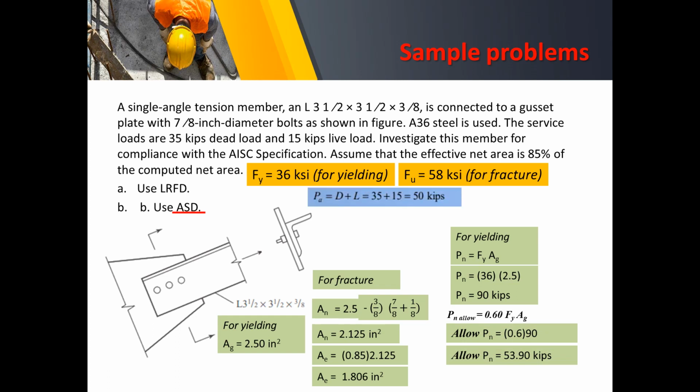We compare this to the combination of the service load for ASD. ASD has no load factors, so we simply add the dead load and live load, which is equal to 50 kips. In comparison, your service load Pa is less than your allowable Pn. 50 kips is less than 53.9 kips, and that is compliant with AISC specifications.